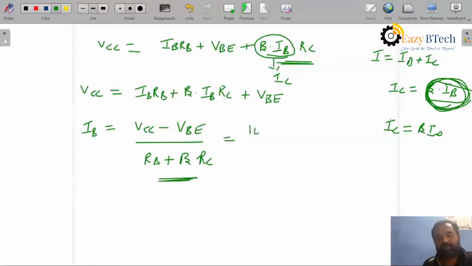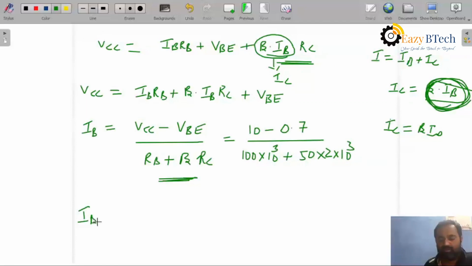That is 10 minus 0.7 by RB value 100 into 10 power 3 plus beta 50 into RC 2 into 10 power 3.